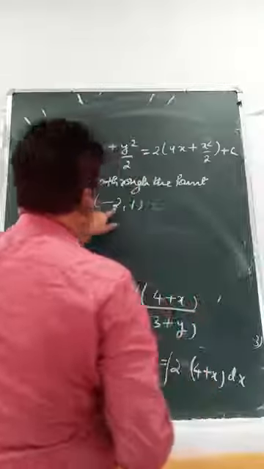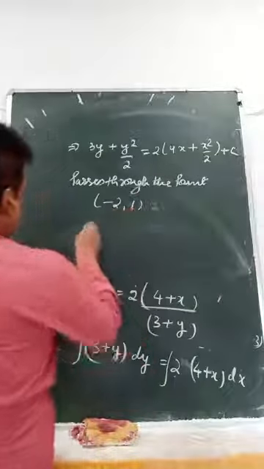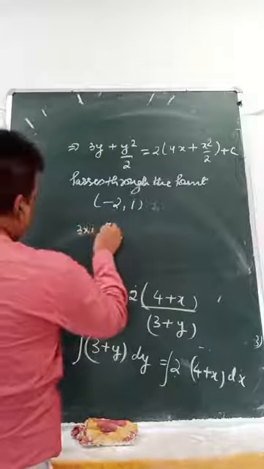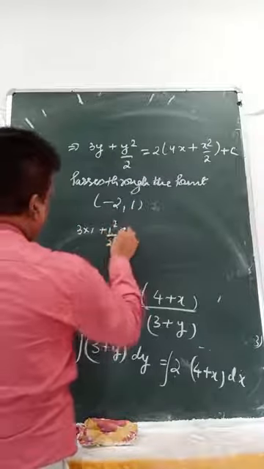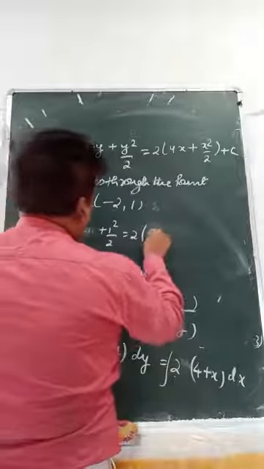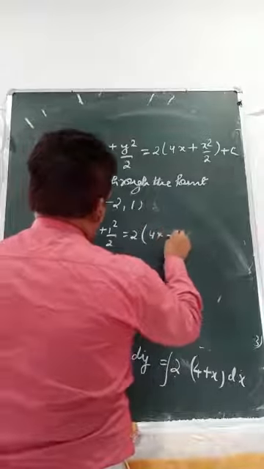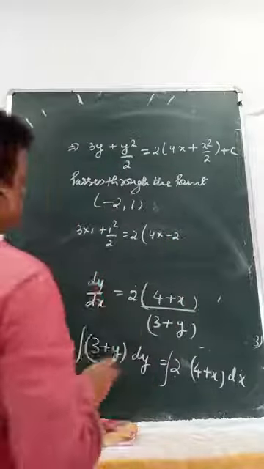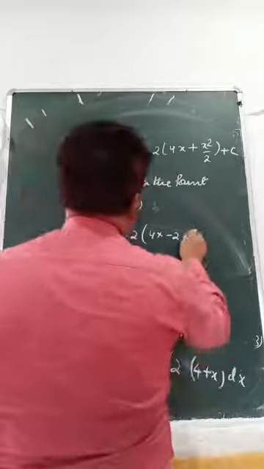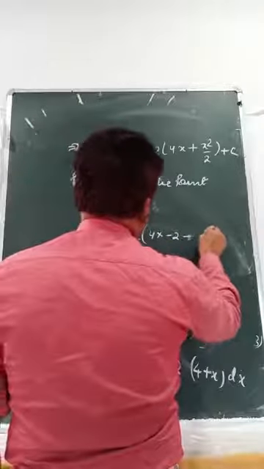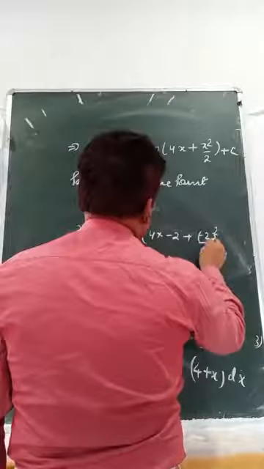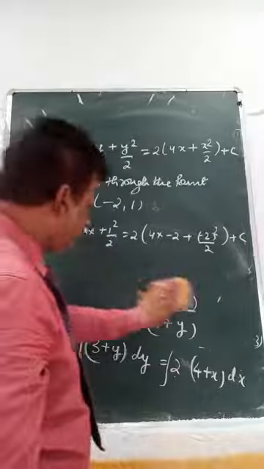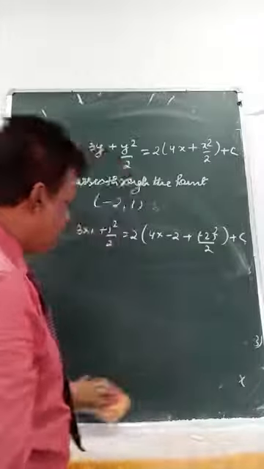So x is -2, y is 1. So log of (4 plus 1) equals 2 log of (3 minus 2) plus c. So how much will you get?